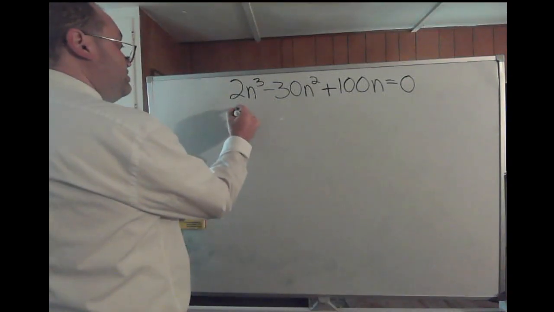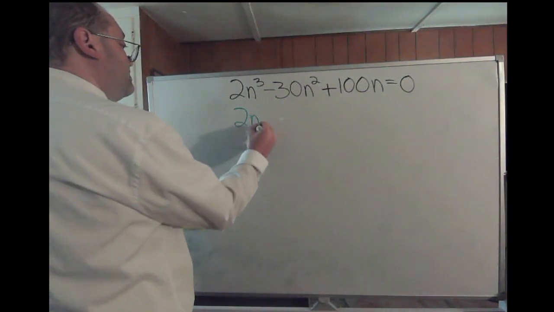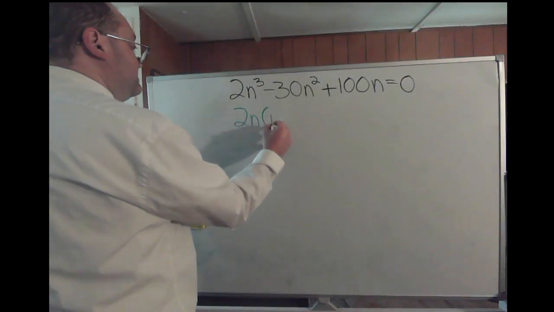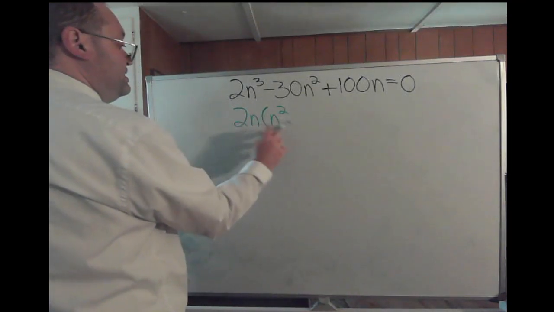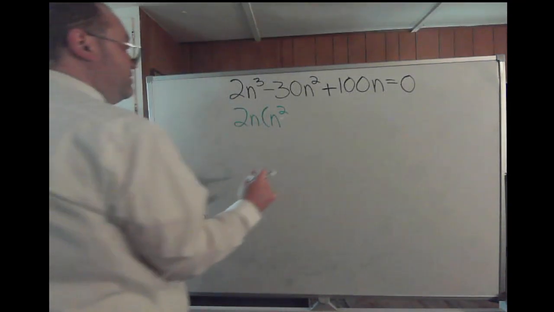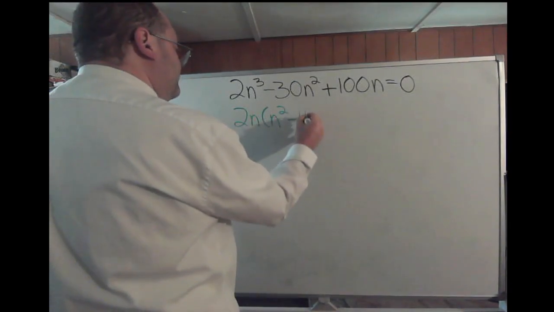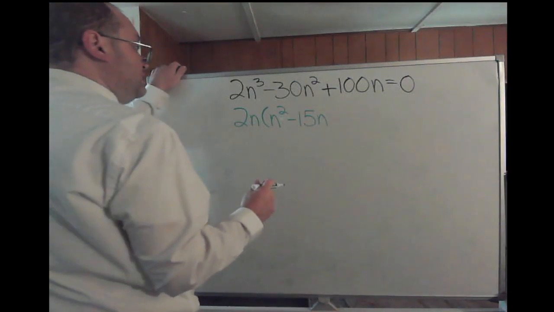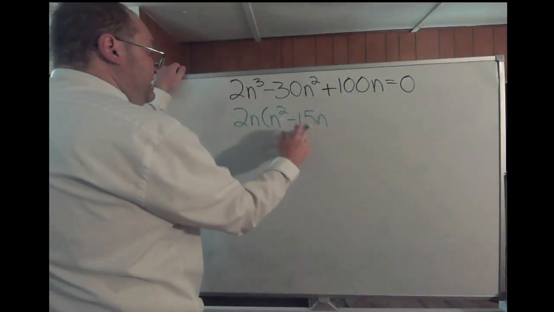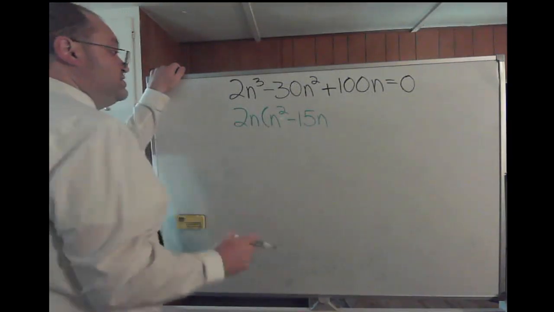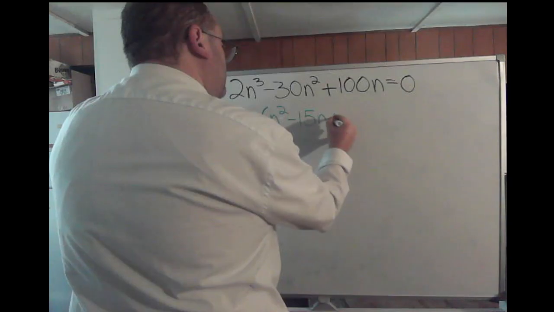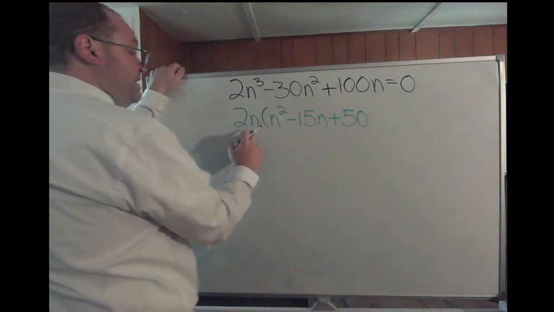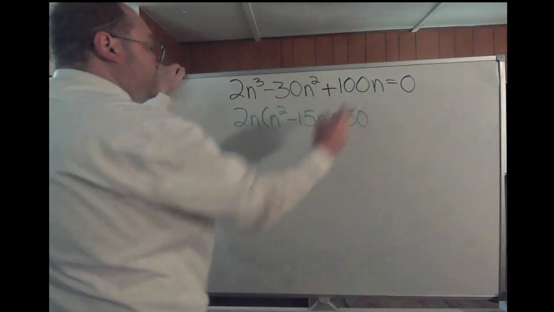I'm going to say 2n's a common factor. So then you'd have 2n on the outside. Let's see, you'd have n squared, because 2n times n squared is 2n to the third, minus 15n. 2n times negative 15n is negative 30n squared. Then you'd have plus 50. 2n times 50 is 100n.